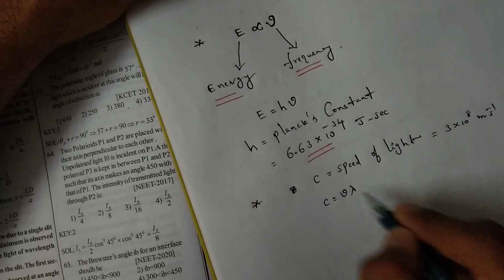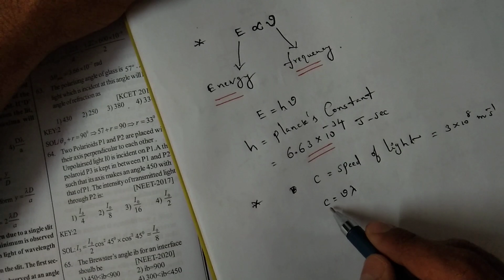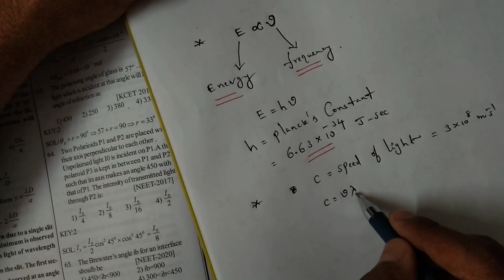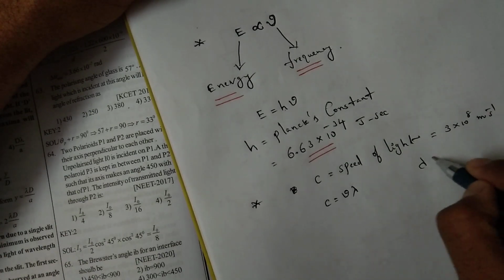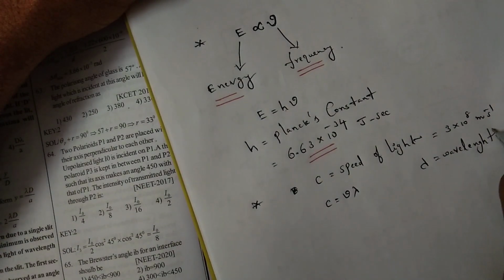C is equal to nu lambda, the relation between the frequency, wavelength and speed of light. Here lambda is equal to the wavelength of radiation.